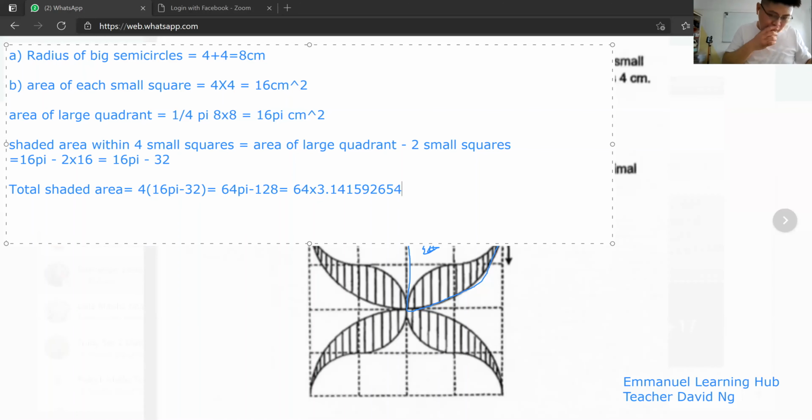So your calculator pi times 64 minus 128, then the calculator will tell you 73.06, correct to 2 decimal places. Don't forget your unit, cm square.